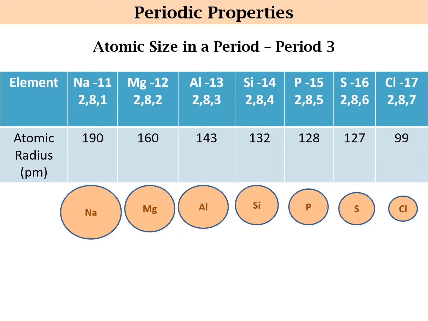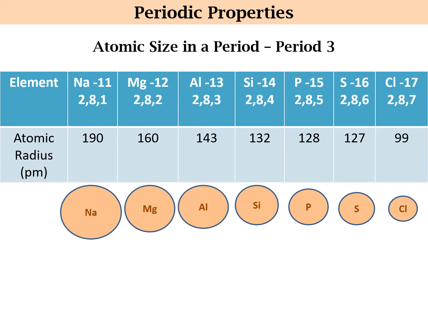The nucleus of magnesium has to hold two electrons, and hence the force is more and the size becomes a little smaller than sodium. This trend is observed as we move from left to right.